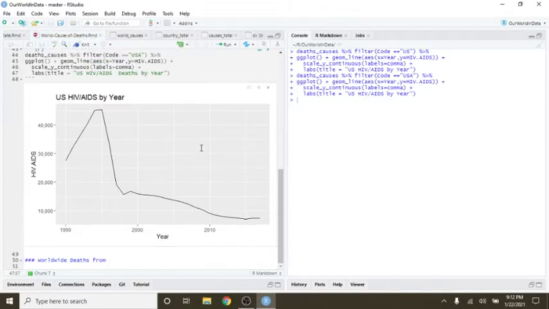Okay, so if this is 2015, 16, which is 2016, we still have about 5,000 people dying from HIV/AIDS in the U.S. a year.